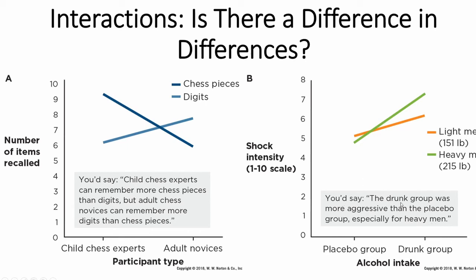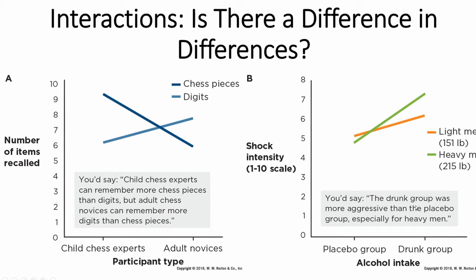So the drunk group was more aggressive than the placebo group, this more than this, especially for heavy men. So we're saying especially in this line. This one actually didn't switch the graph around to make that description, but it let us talk about one independent variable and how that compared to the second independent variable.